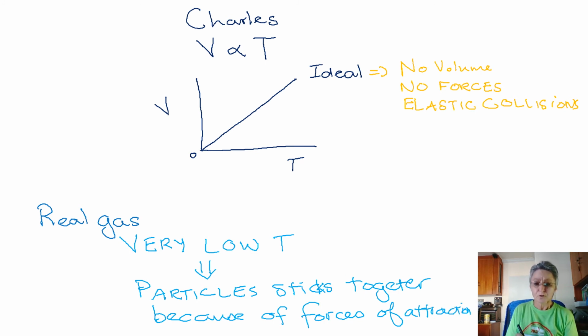So what will happen to the volume of the gas? Volume of the gas at very low temperatures. So there is where I'll indicate low temperatures. At a very low temperature, the volume of the gas stops decreasing like it should.